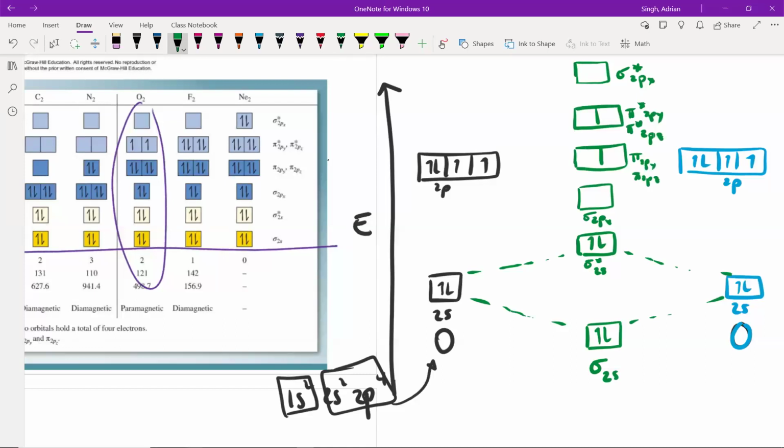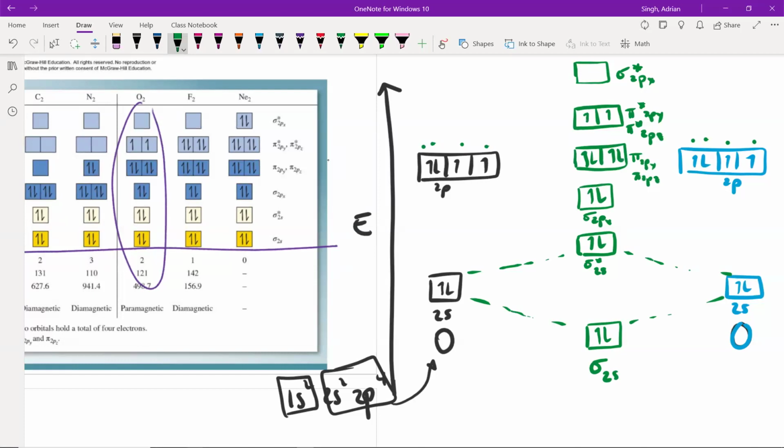Okay, so I'm putting in 1, 2, 3, 4, 5, 6, 7, 8 electrons. I'm going to stick those in according to the rules. I start with the lowest of these energies. So 1, paired up 2, and then 3, 4, one at a time, then 5, 6, and then 7, and then 8.